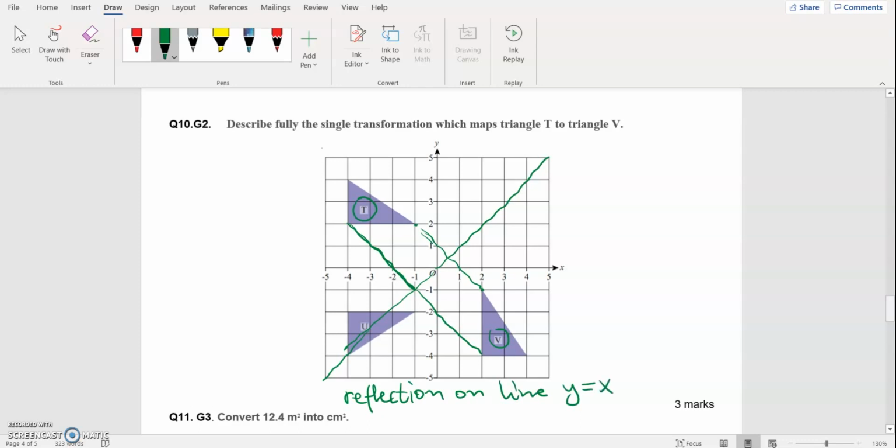How do I know? Because when x is 1, y is 1. When x is 2, y is 2. When x is 3, y is 3, and so on. But this one here acts as a mirroring line.